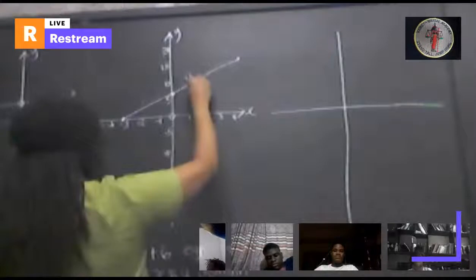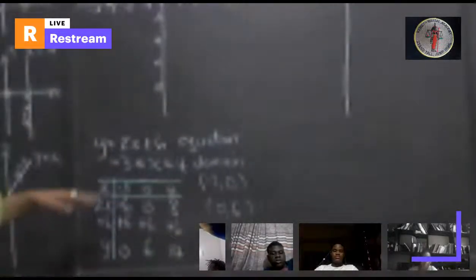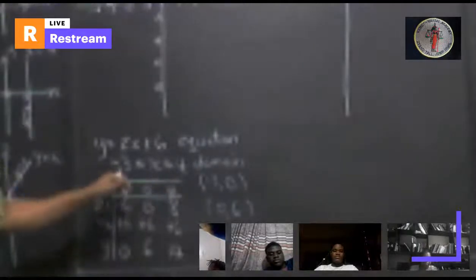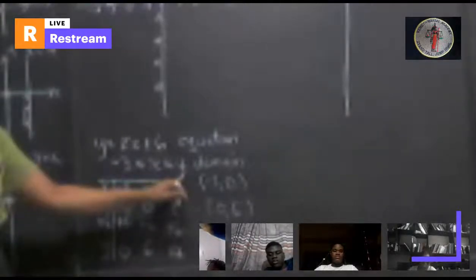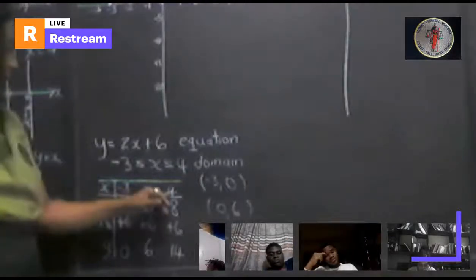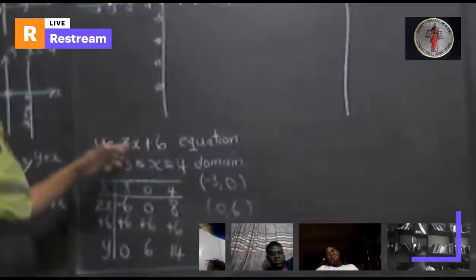All right. So if you were unable to see when I was working out the table, there it is. So I put my x coordinates from -3 to 4. That's what the domain told me to do. And then I went to my equation and I multiplied each x value by 2.